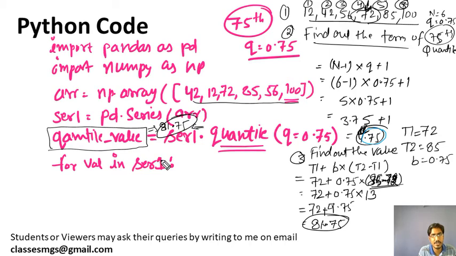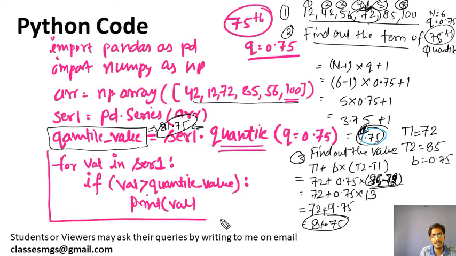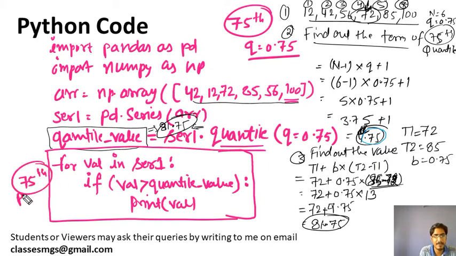It will fetch each value of series1 into value, and then we check if the value is greater than this quantile_value, then we simply print this value, otherwise we skip it. So this will be the for loop to print all the values greater than the 75th percentile value.